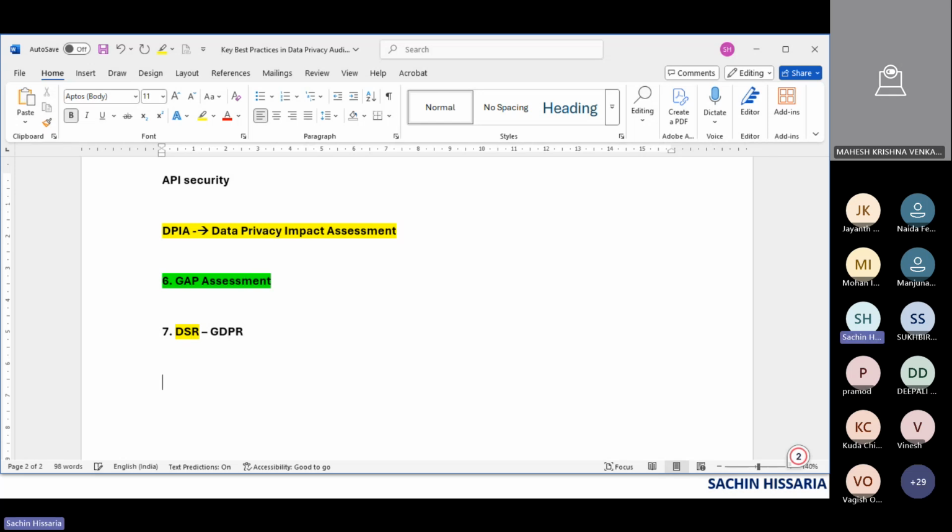And now the last but not the least is what, guys? Agreement with the data processor.